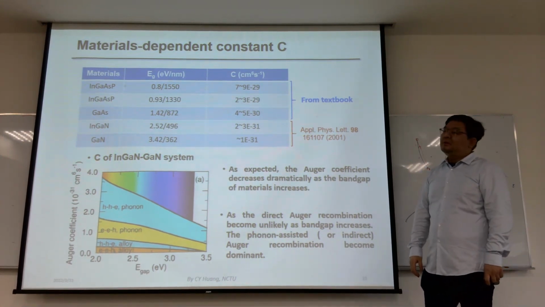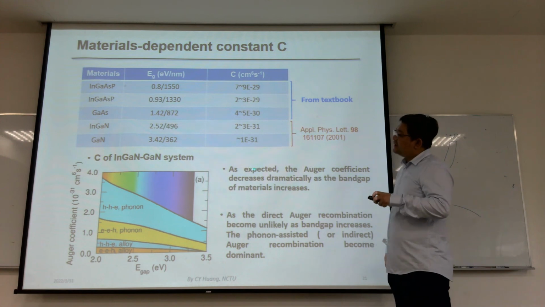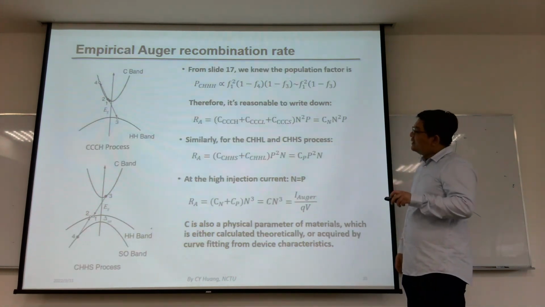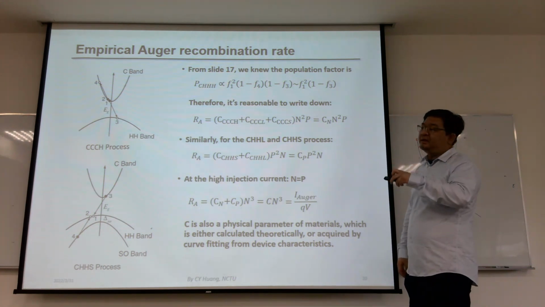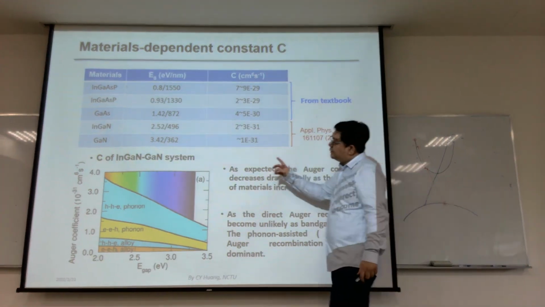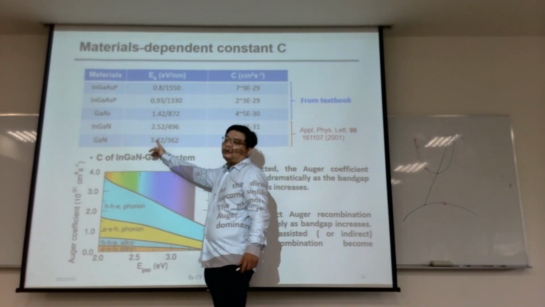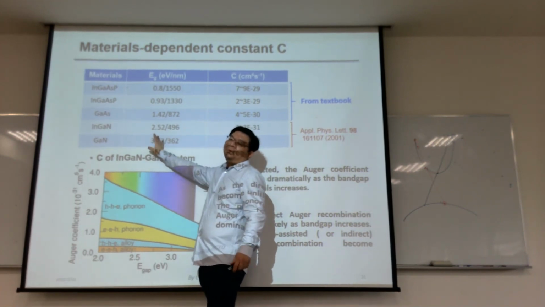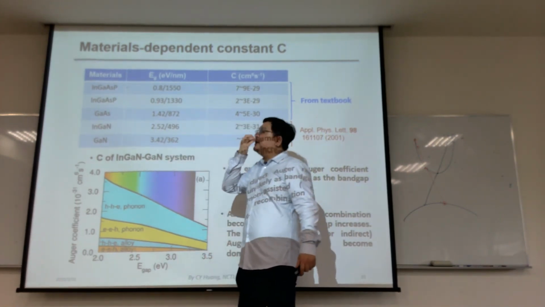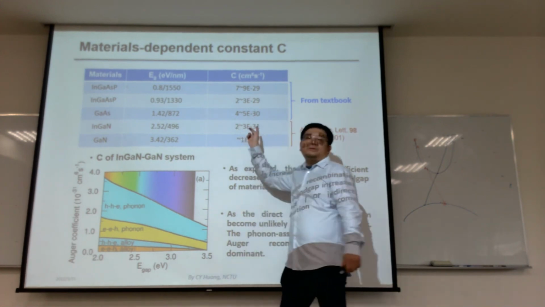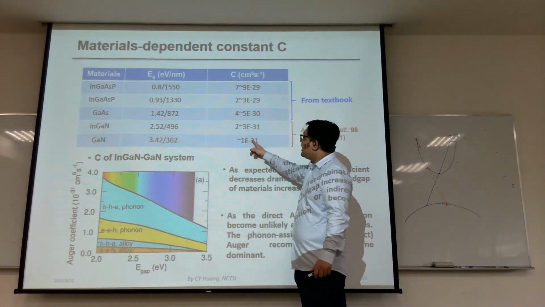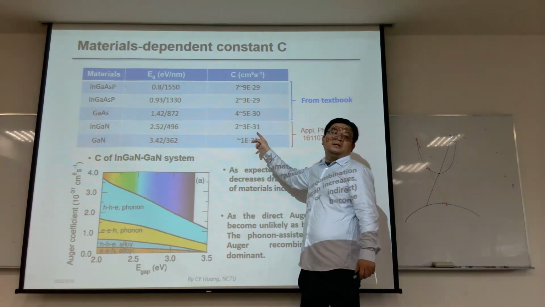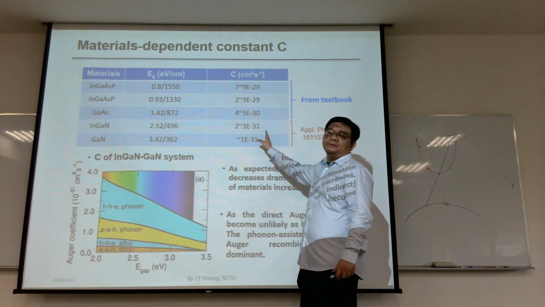material. If we just take the classical theory, a material with a 4.4 eV band gap should have no Auger recombination, because the C, according to some theoretical calculation, is at the level of 10 to the minus 36, so practically impossible.